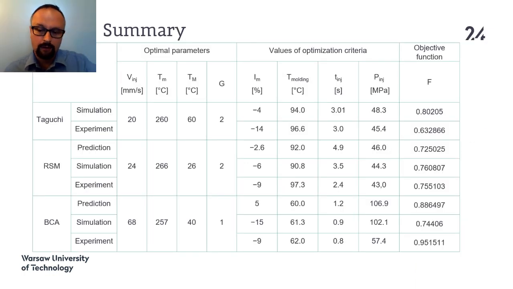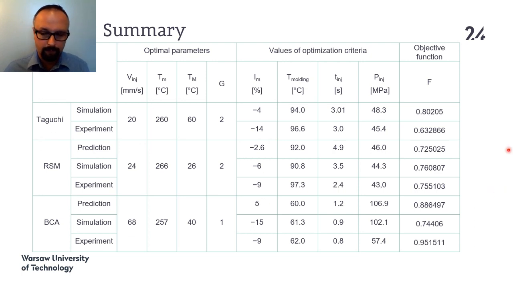But let's look at numbers at this point. The most important thing is the right column here, namely the value of the objective function. And here on the left we have, of course, all our three optimization procedures.